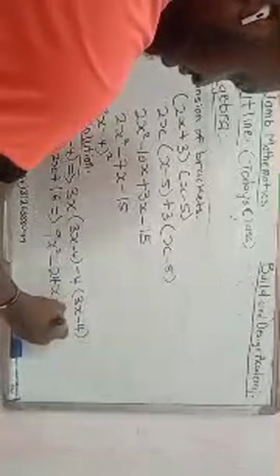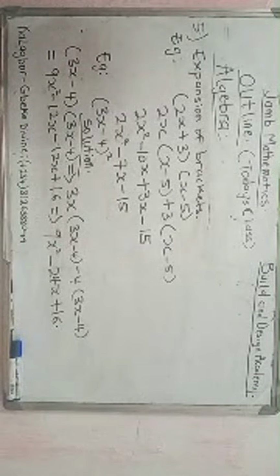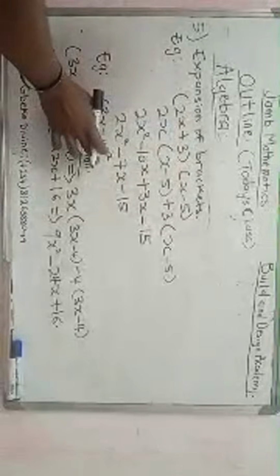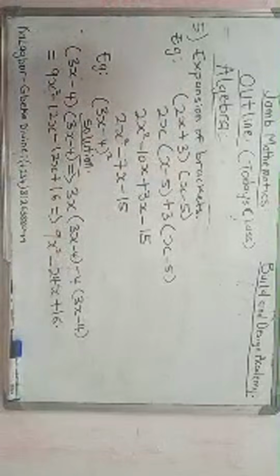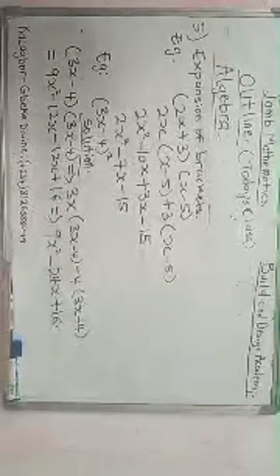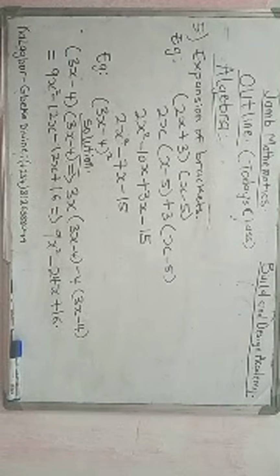So we are done with expansion of brackets. Expansion of bracket can either come in this form or in this form. If it comes in this form, you first of all change it to this other form, then you spread it out and multiply. So let's look at the laws of indices, then we'll look at logarithms. Let's proceed.